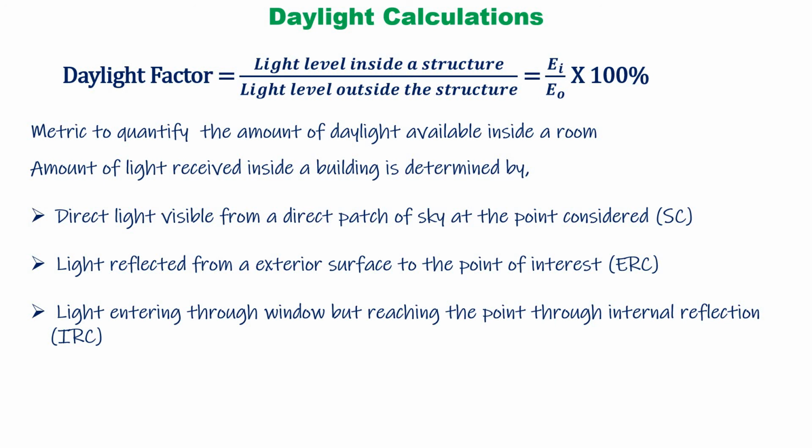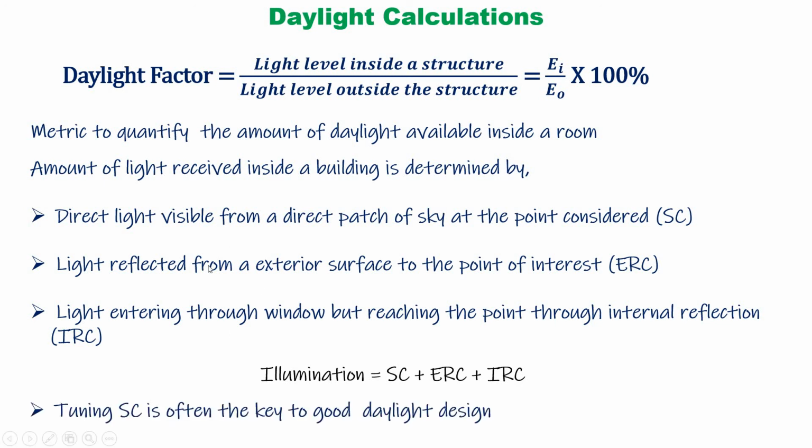So all three together will determine the illumination at a given point. One is skylight, another is externally reflected light, and the third is internal reflection. And out of this we can only tune the direct light available from the sky, which is coming to the point directly without any interference.